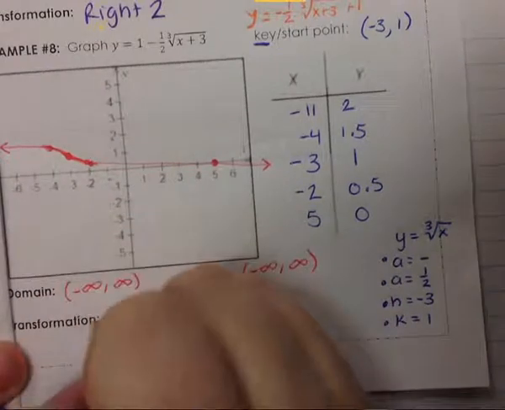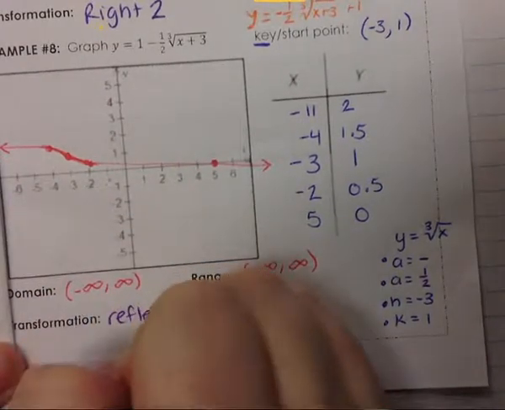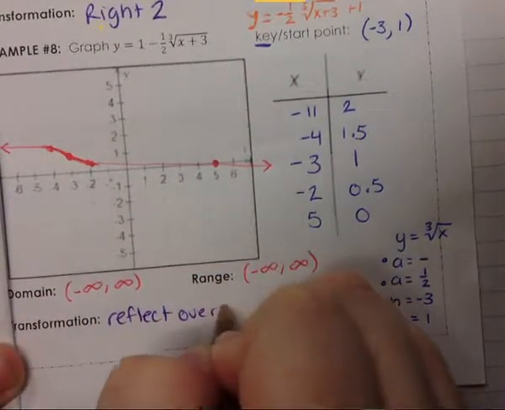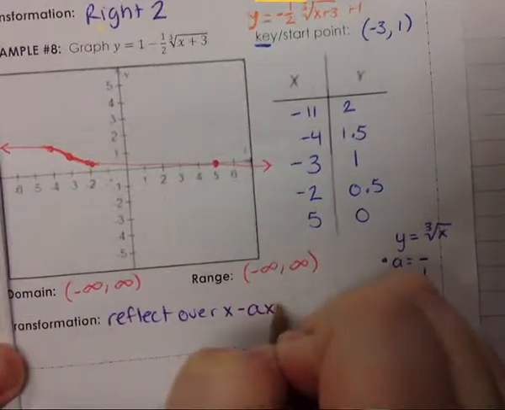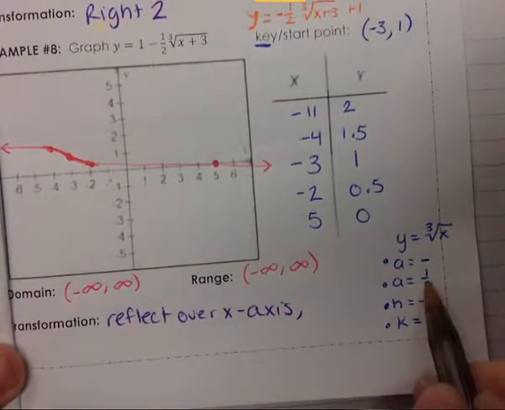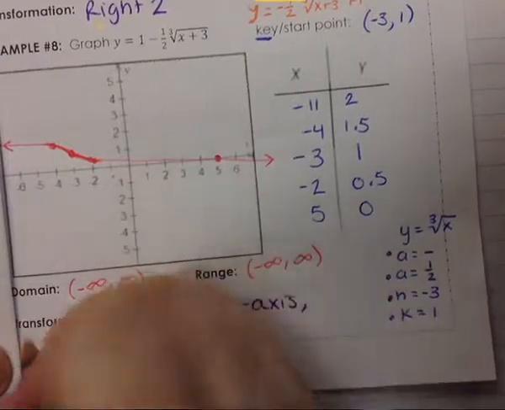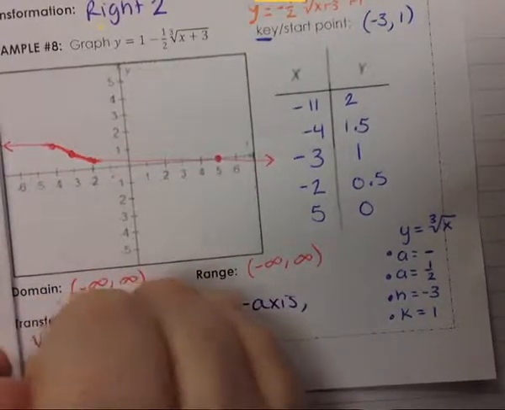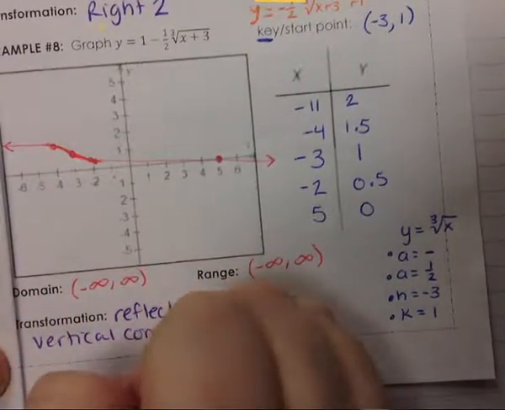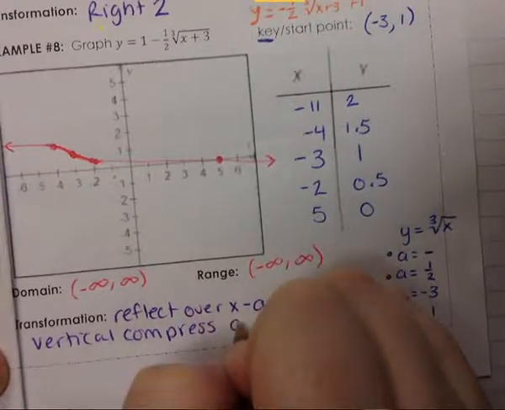So the negative tells us it's reflecting over the x-axis. The 1/2 tells us that it is a vertical compression of 1/2.